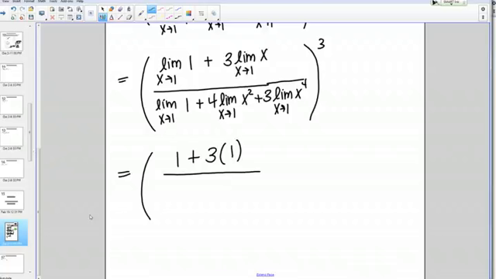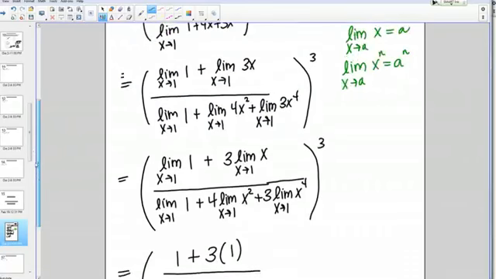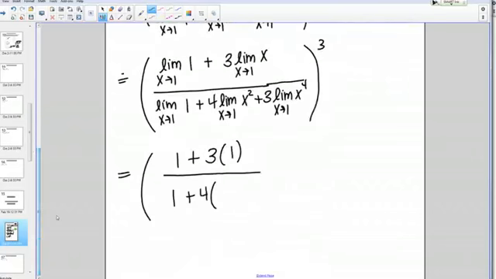Down here the limit as x goes to 1 of 1 is just 1 because it's a constant. Plus 4, my constant out front, and then I've got the limit as x goes to 1 of x squared. Because of these rules I wrote in green up here, I'm basically just plugging in 1 to x squared. So that's going to give me 1, because 1 squared is just 1.